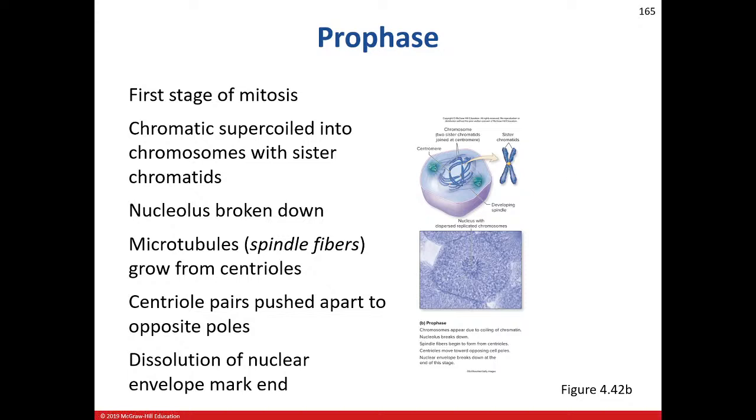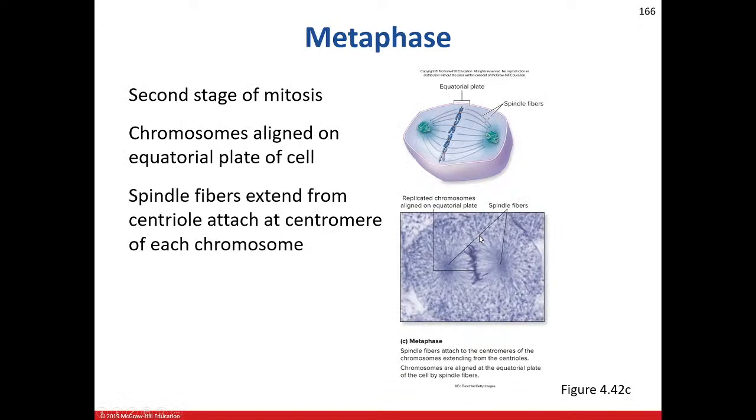So during prophase, the nucleus breaks down, and then the microtubules, also known as spindle fibers, are going to grow from the centrioles and attach to this yellow point, the centromere. Then the centrioles will move to opposite sides of the cell after the dissolution of the nucleus.